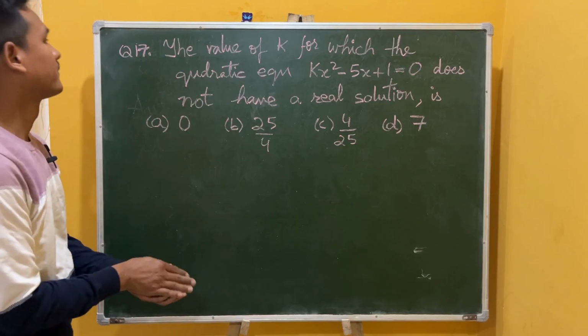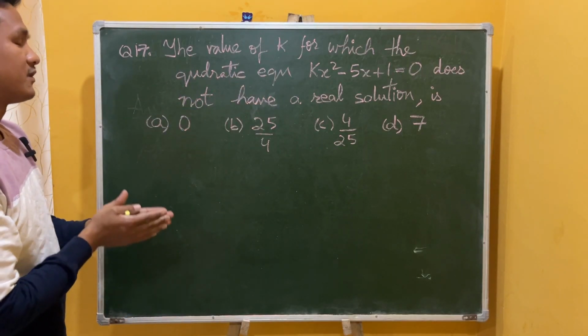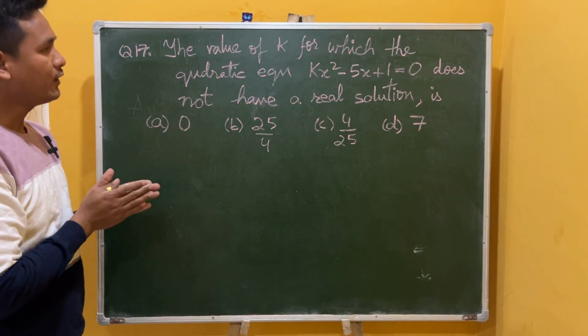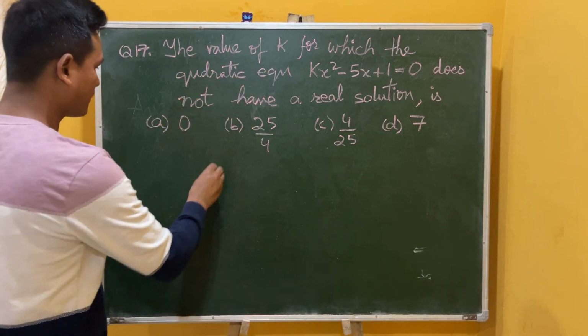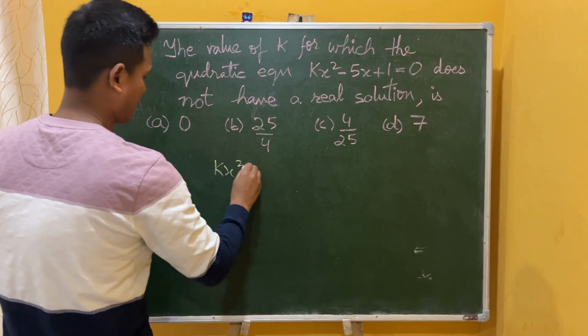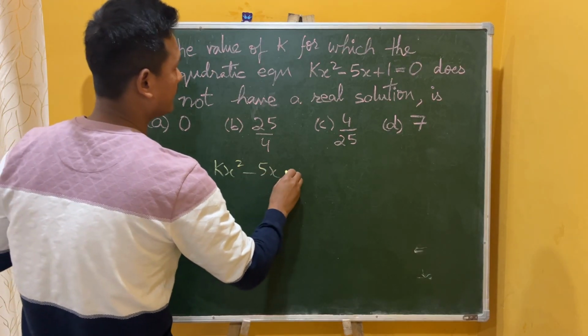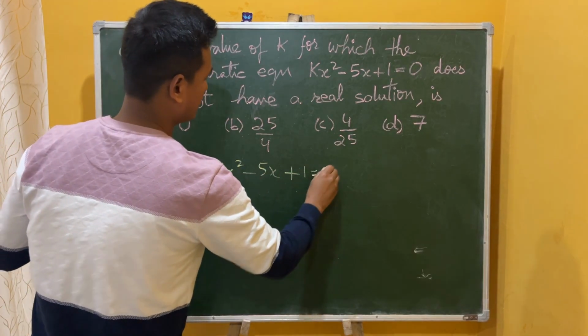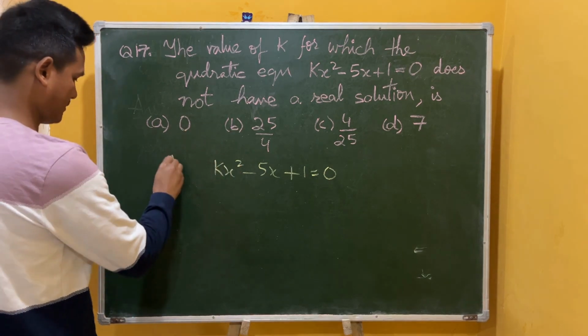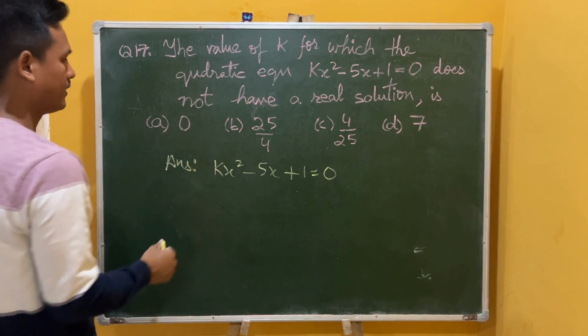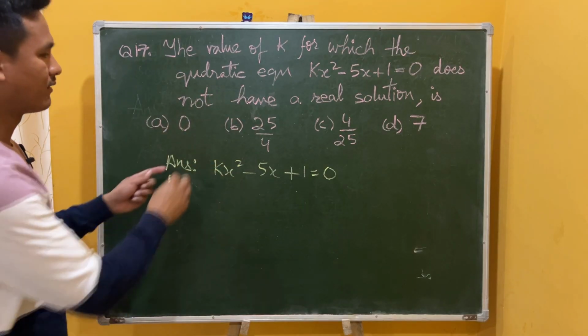Okay, now let's read this question. The value of k for which the quadratic equation kx square minus 5x plus 1 equals 0 does not have a real solution is one of these.